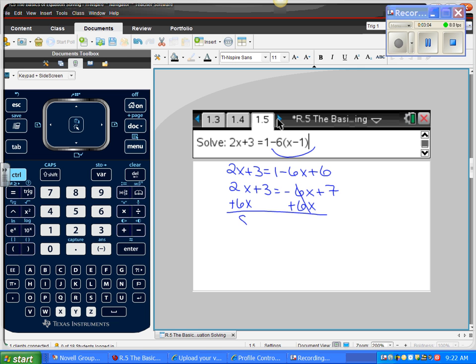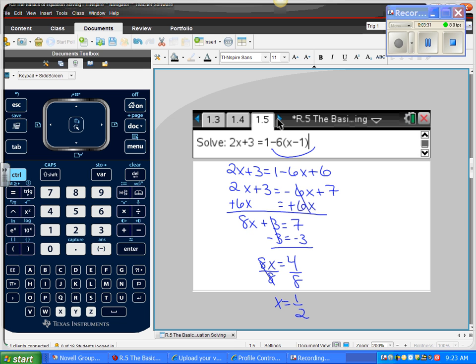Those go away, and I get 8x plus 3 equals 7. I'm going to take that 3 away, and I get 8x equals 7 minus 3, which is 4. And then my last step, right, we're using our order of operations backwards. So x is equal to 1/2.